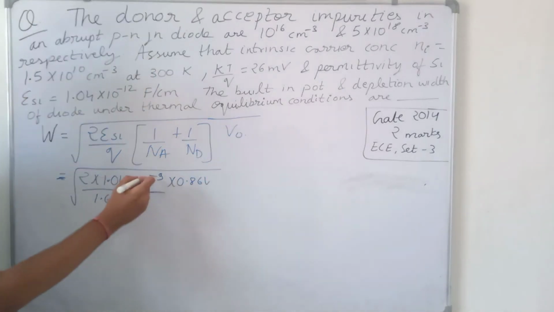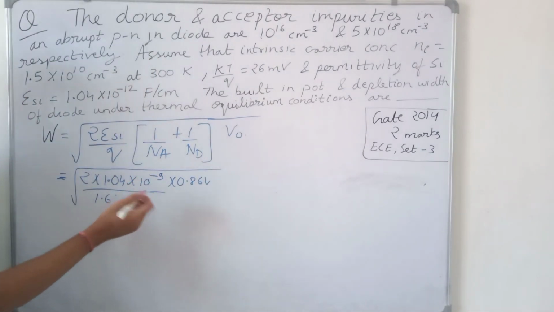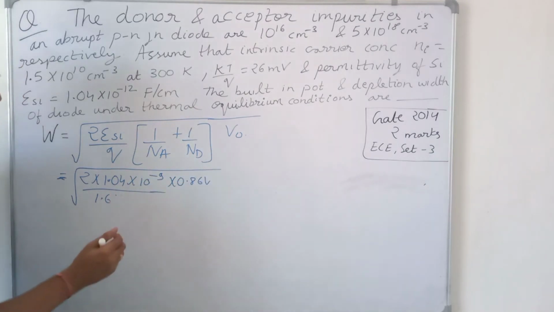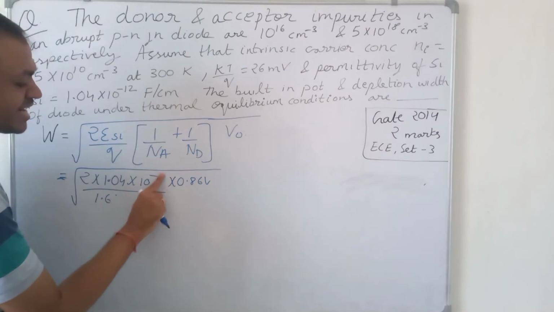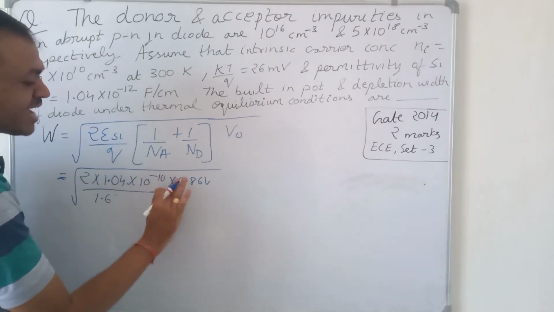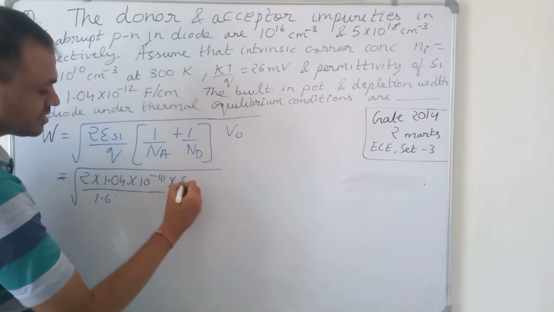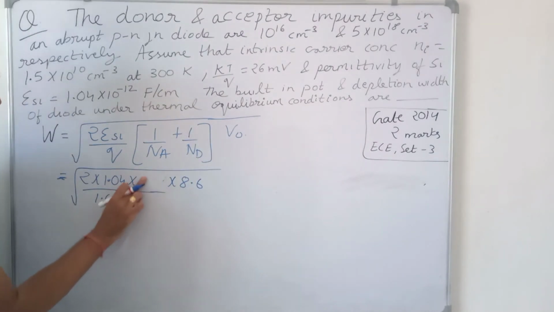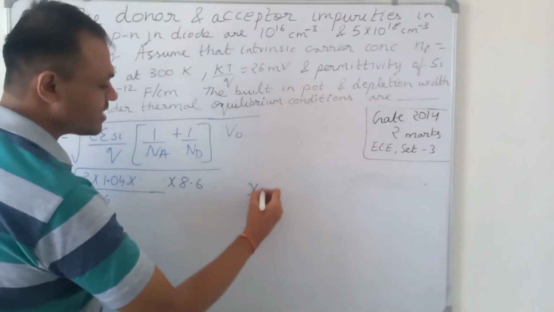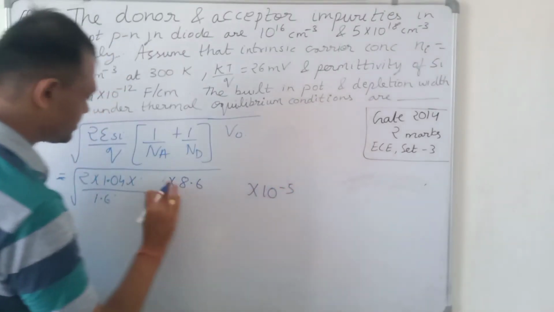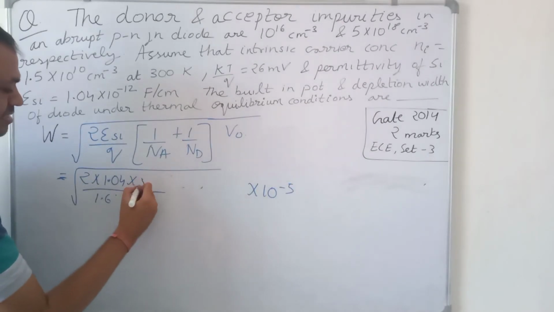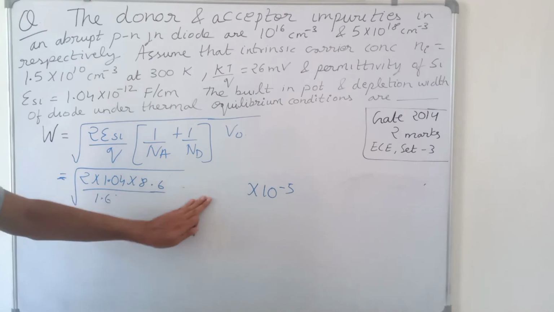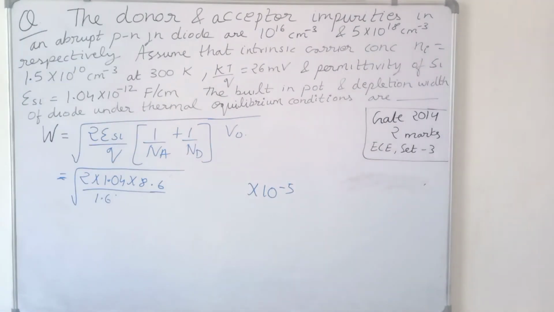Now this is 10 to power minus 9, so if I want to take it outside the square root, I have to make it an even power, so I make it 10 to power minus 10 and write it as 8.6. So it will go outside the square root and become 10 to power minus 5. Now our time will be really saved on the virtual calculator also.